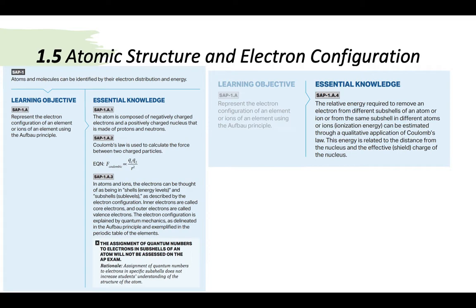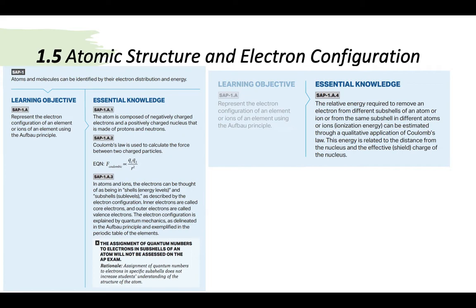You have to say, if we're comparing, let's say, lithium and potassium, they're both in the same column, so they have the same outer electron configuration, but in potassium, the electrons are further from the nucleus, and therefore according to Coulomb's law, the attractive force for that valence electron would be lower than it would be for lithium.